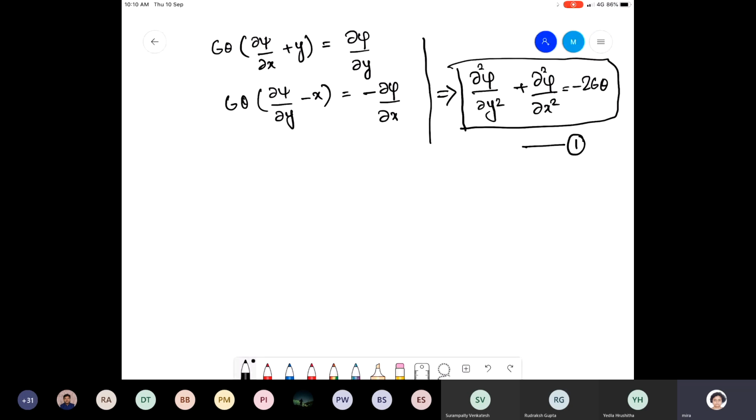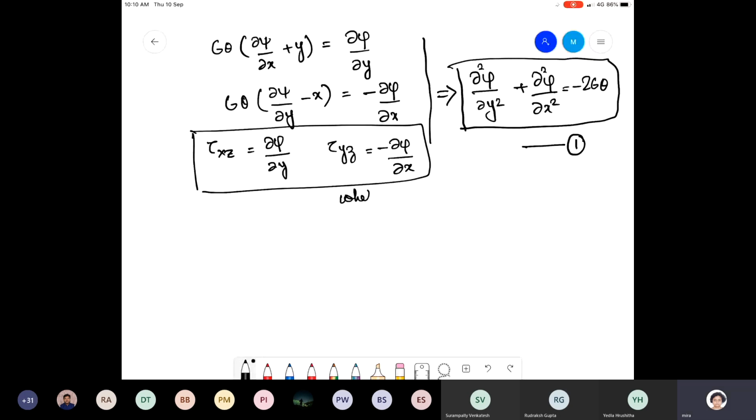Now let us see whether the expressions tau xz equals del phi by del y and tau yz equals minus del phi by del x satisfy the equilibrium condition.